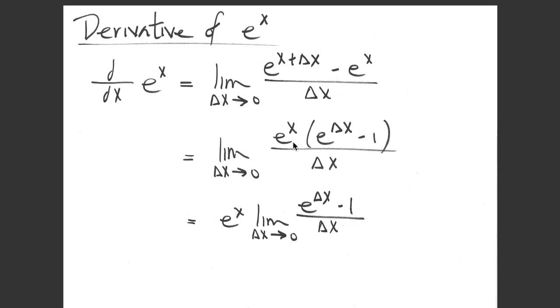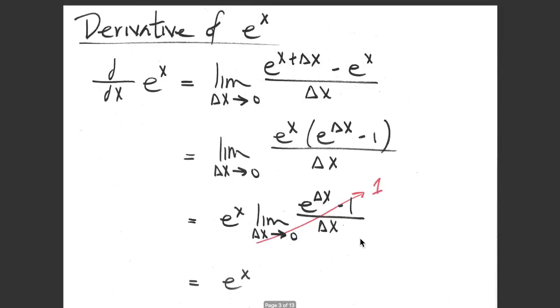And then the limit is as delta x goes to 0. E to the x is a constant as far as that goes, so it can pop outside the limit. So you have e to the x times this limit. The limit as delta x goes to 0 of e to the delta x minus 1 over delta x. Now that limit you can work with numerically, you can work with theoretically. You find that that limit is actually 1.